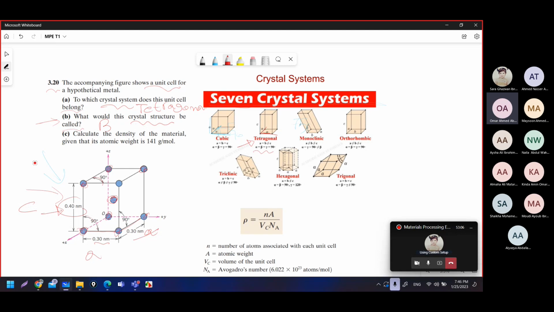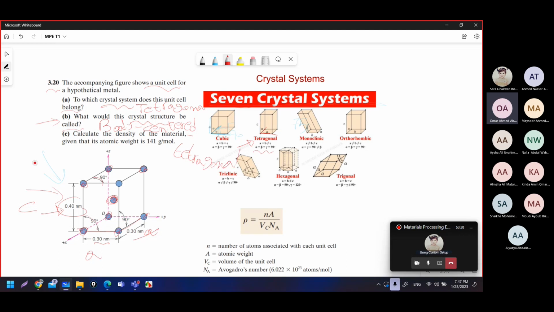The name of this crystal structure is body because I have an atom in the body of the unit cell, centered, in the center of the cube, and it is tetragonal because the edges don't have the same length. So it is body centered tetragonal. That is for part B.